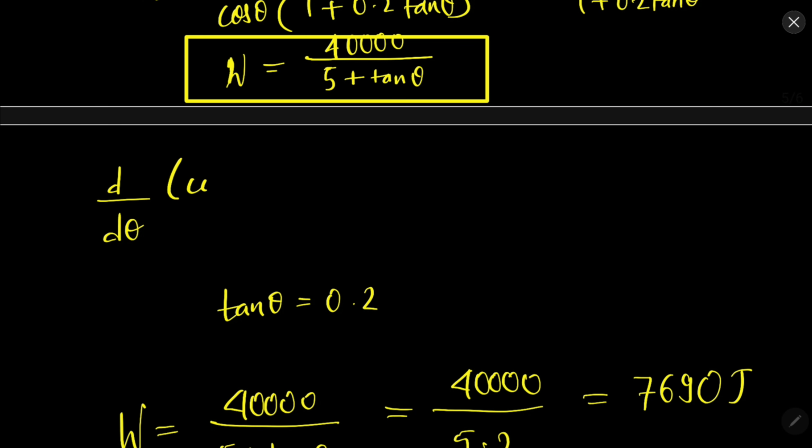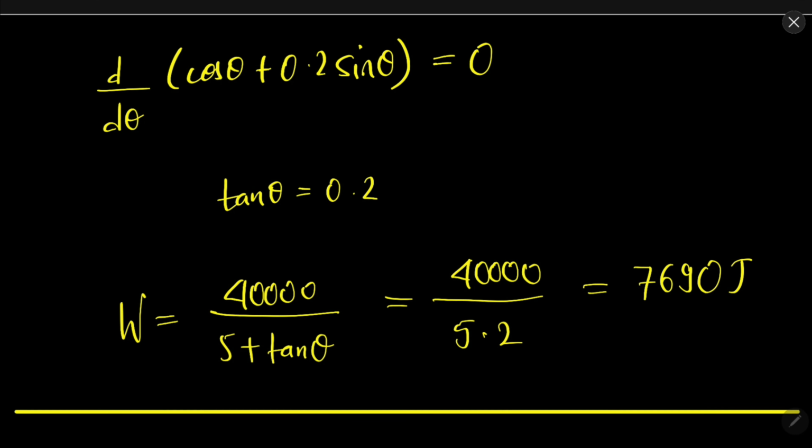So we have differentiated this quantity, and if it is minimum then its differentiation will be equal to 0. Using that we have found tan theta and the work done.